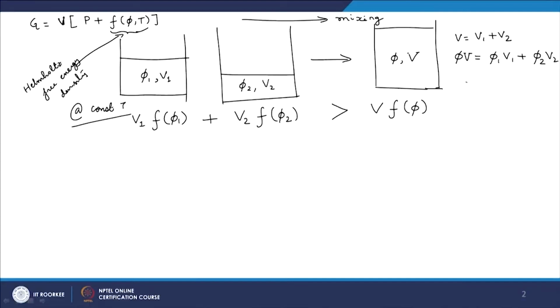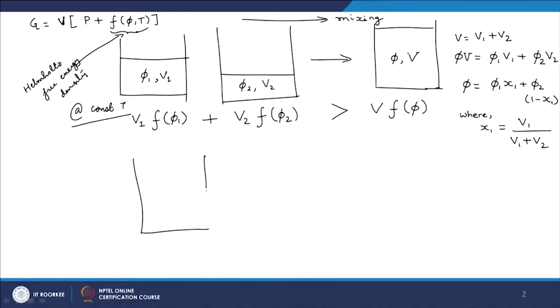If you solve, what we get is phi, where I can define x1 as the ratio of the volumes, V1 by V1 plus V2.